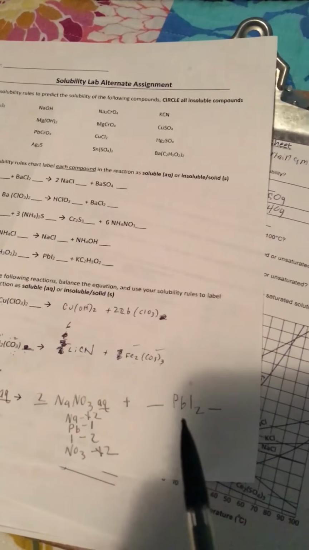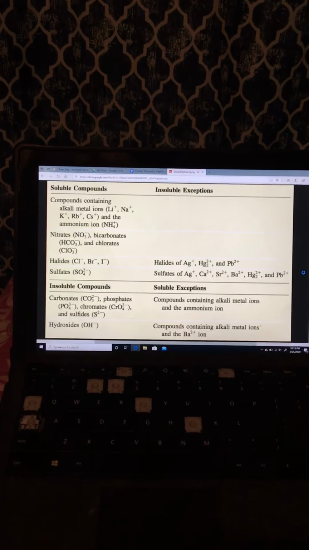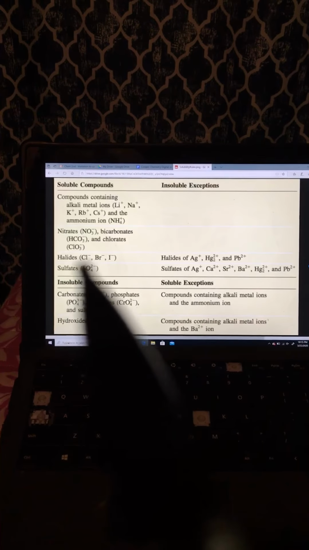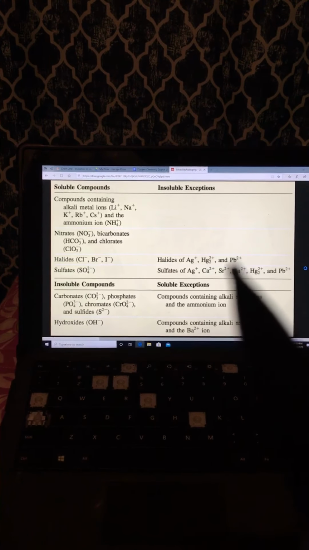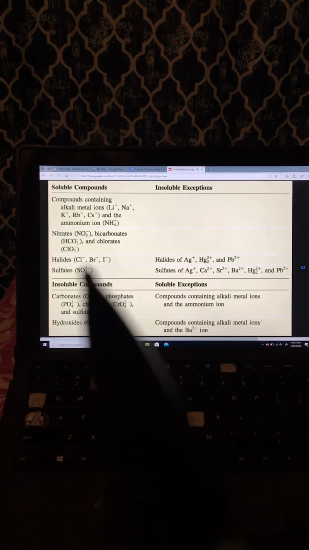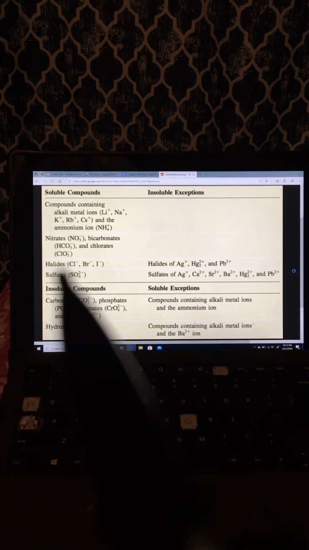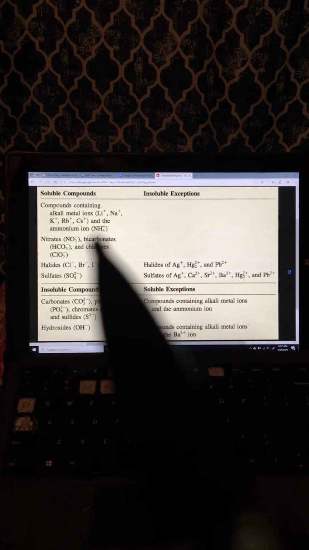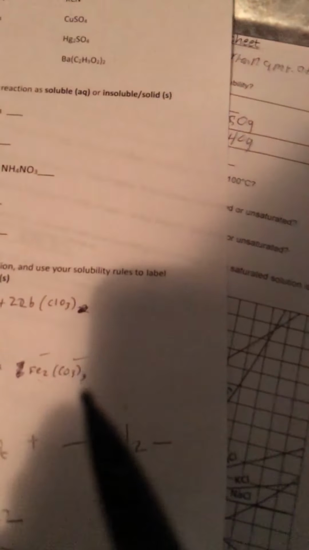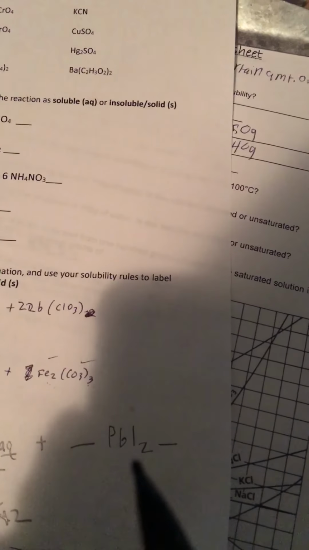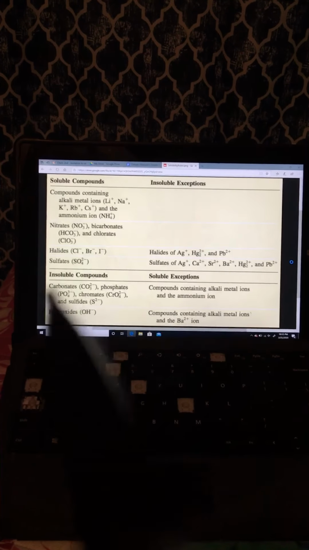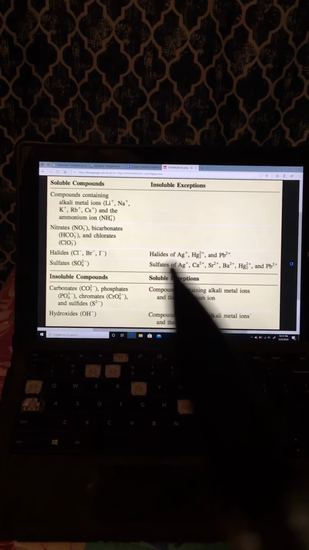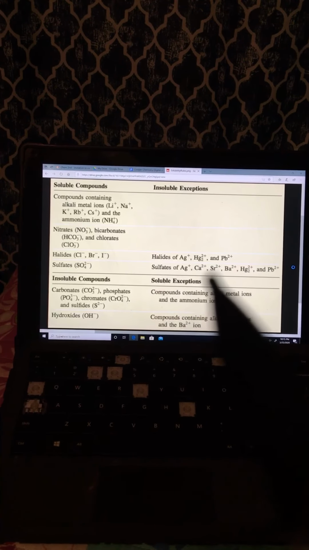And our last one, PbI2. Let's look at halides right here. There's one about Pb and I. It says that halides, which are compounds that contain Cl, Br, or I, are soluble. So this one contains an I, so you would think that this one would be soluble, but there are exceptions to this rule, as you can see on this side of the table.